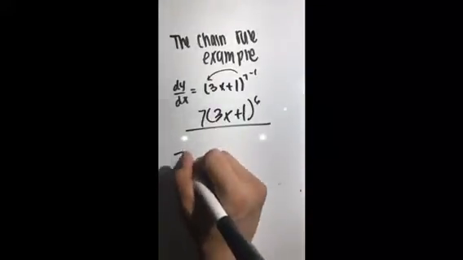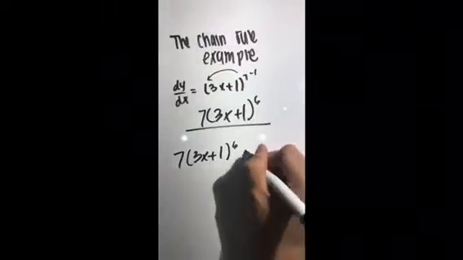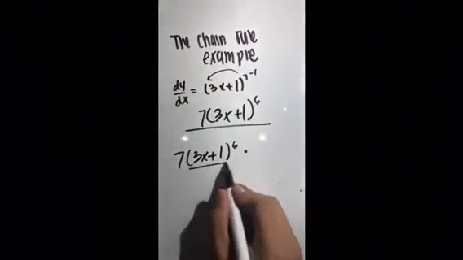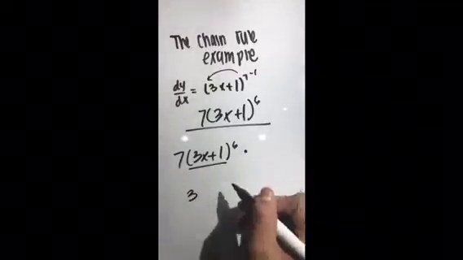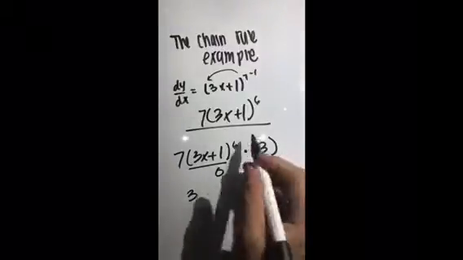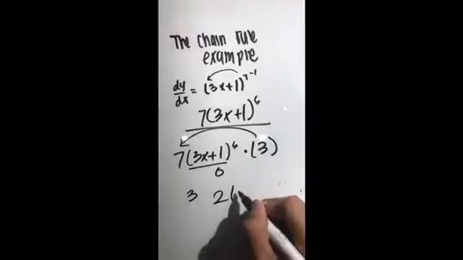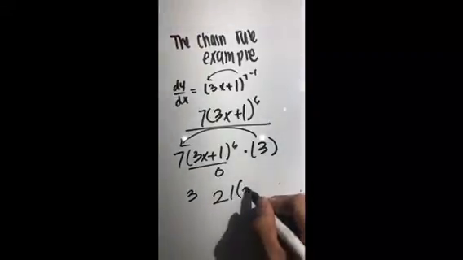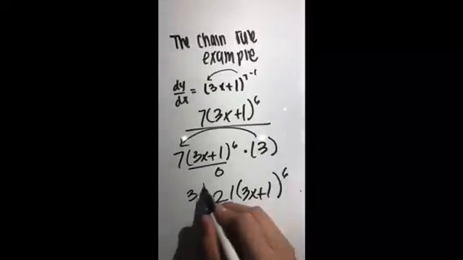So we rewrite this, and then we get the derivative of the inside. It would be 3, and the derivative of 1 is 0 because of the constant rule. So it would be 3, and you just multiply this to your front number, and it becomes 21 times 3x plus 1 to the 6.